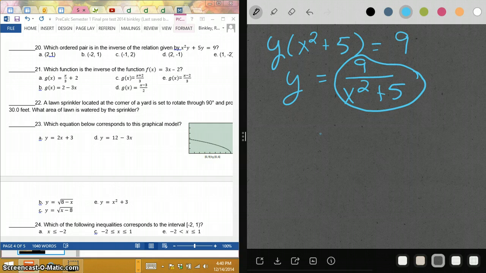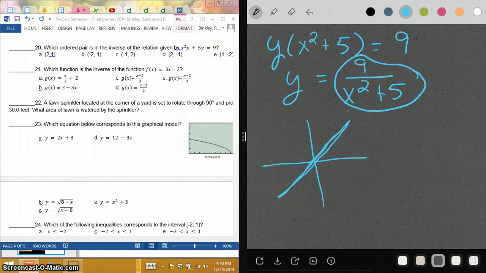Now if you remember, inverse functions are functions that, if you took the y equals x line, are reflective over that. So what that means is all of the x's are going to become the y's for the inverse function, and all of the y's are going to become the x's.